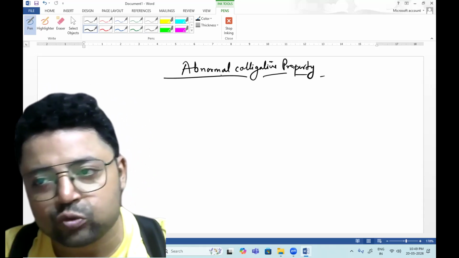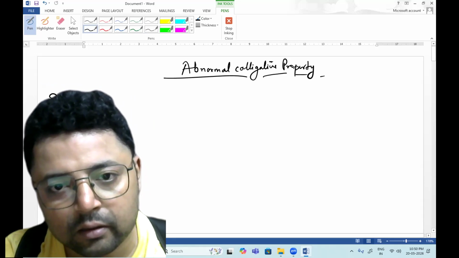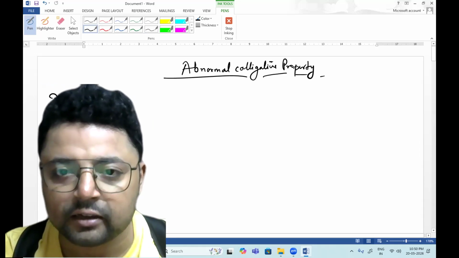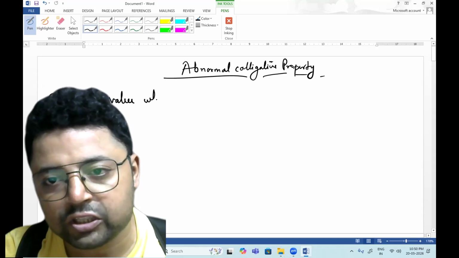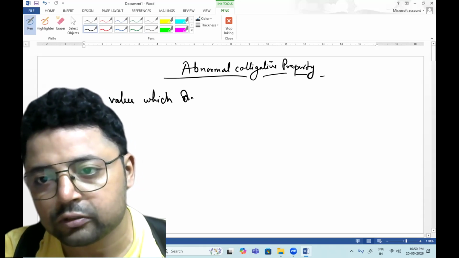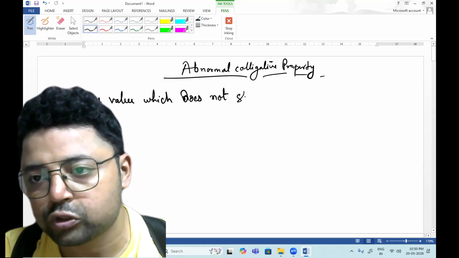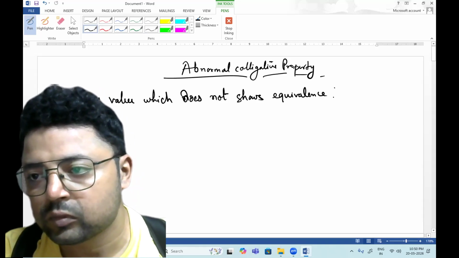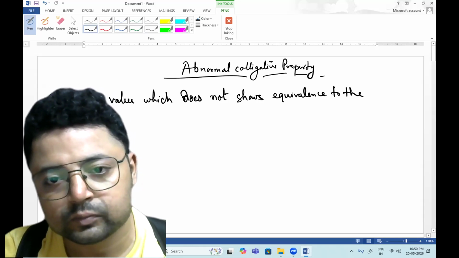Okay, so what is actually this abnormal colligative property? It is the difference, or it is the value which does not show equivalence to the experimental values.